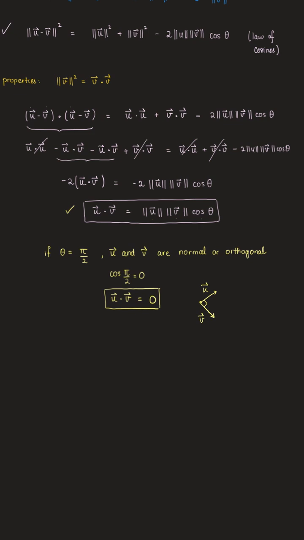So they are not at all aligned with each other. They're not at all pointing in the same direction as one another. And so that's what the dot product is measuring. If two vectors are parallel, for example, then either the angle between them is 0 or 180 or pi.